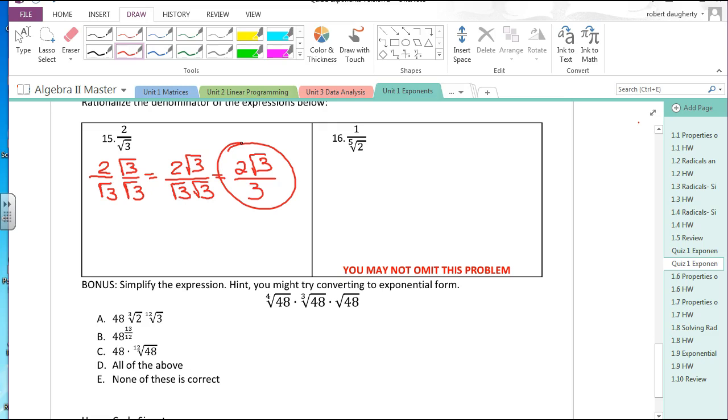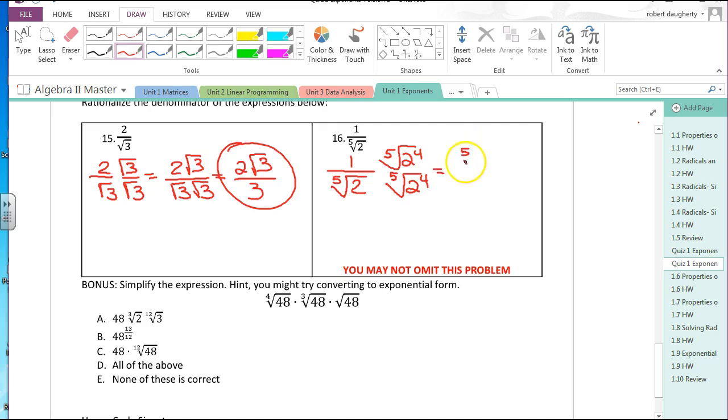Number 16, 5th root of 2. So if I want to rationalize something that's the 5th root of 2, when I have 5th roots, I want to take the 5th root of something to the 5th. So I need to multiply by the 5th root of 2 to the 4th over 2 to the 4th.